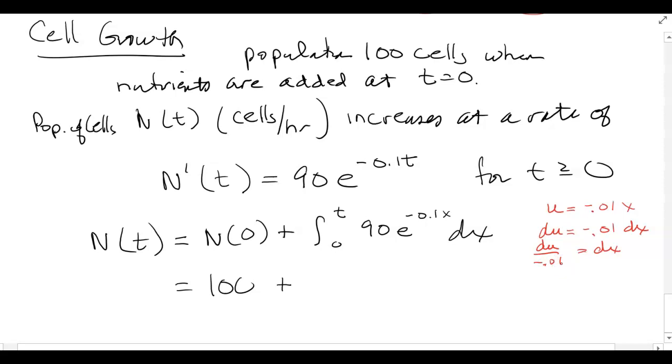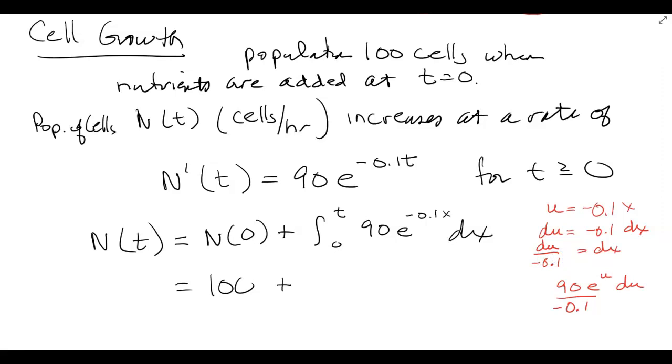In doing that, that would give us our 90 e to the u, and replacing dx with du, and then you would divide by that negative 0.1. Sorry, I wrote wrong on here. Let me fix that for you real quick. It was negative 0.1, negative 0.1, negative 0.1. So you have to use your u sub rule there.